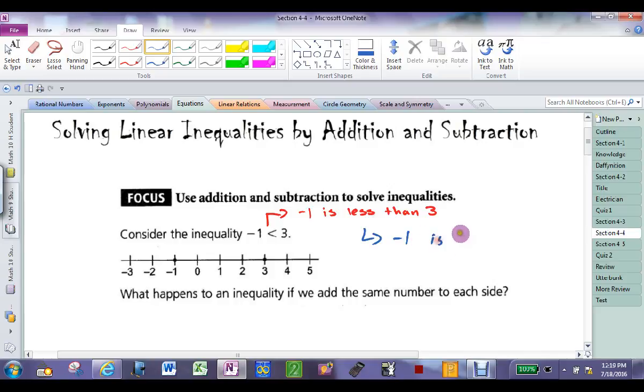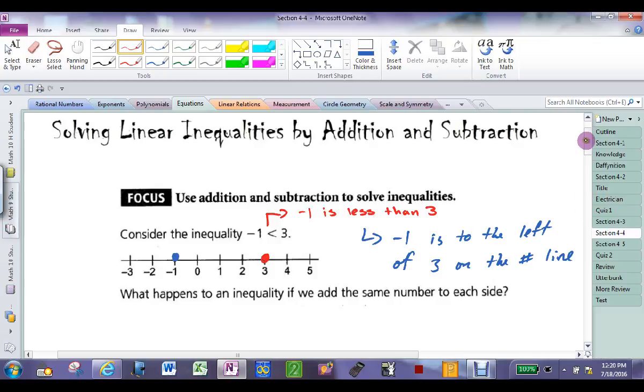Negative 1 is to the left of 3 on the number line. As you can quite plainly see when we add bigger dots. Everybody cool?